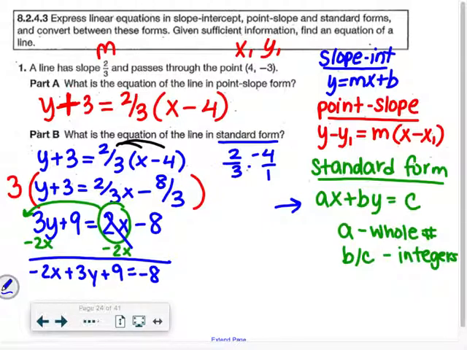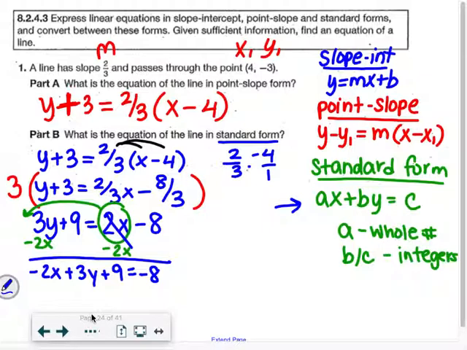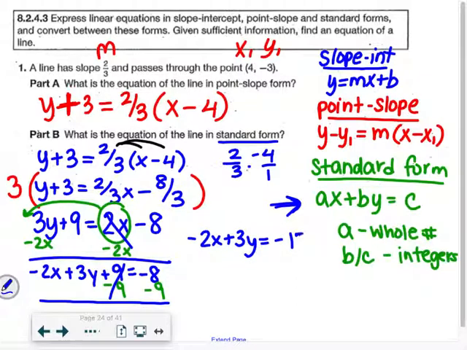Okay, now, because we've got our picky order over here, I can't have this 9 on the left-hand side, so I need to subtract this 9 to get rid of it. So that will leave me with negative 2x plus 3y equals negative 17.